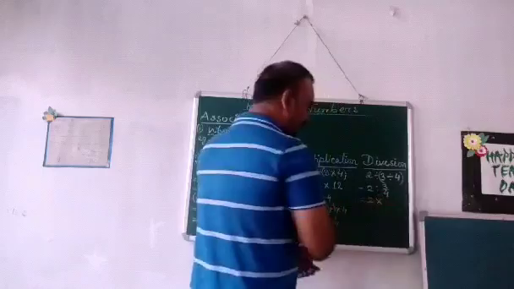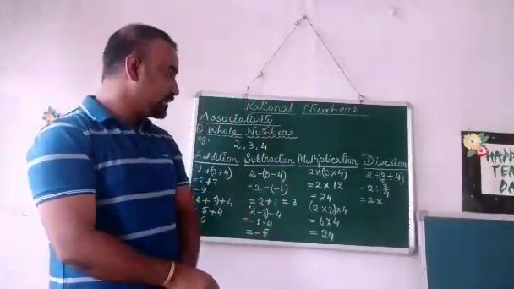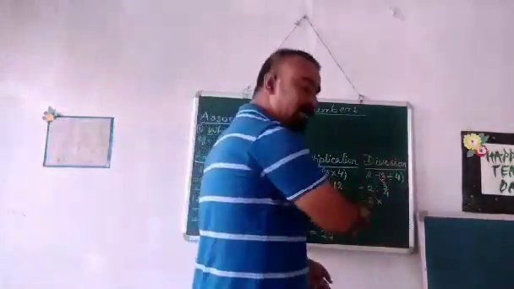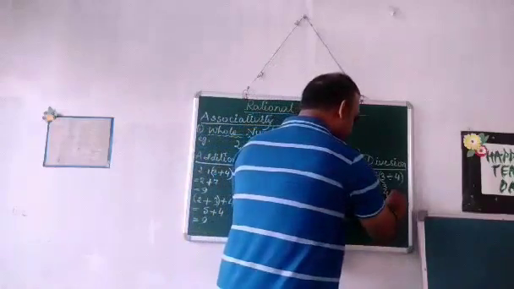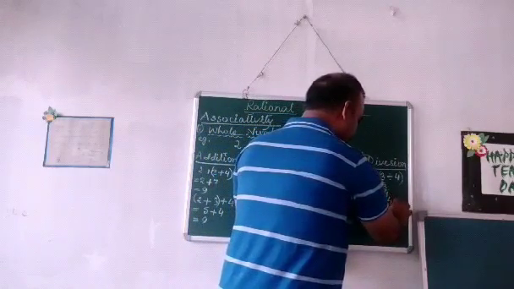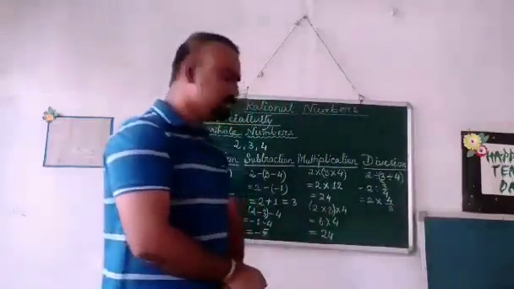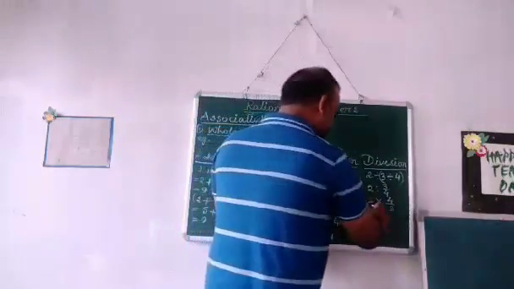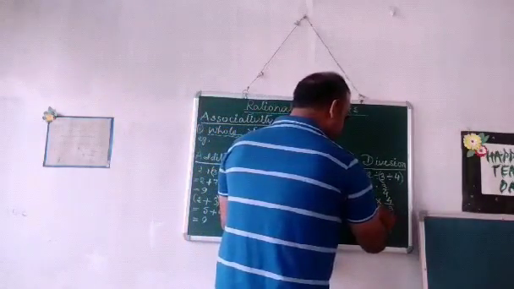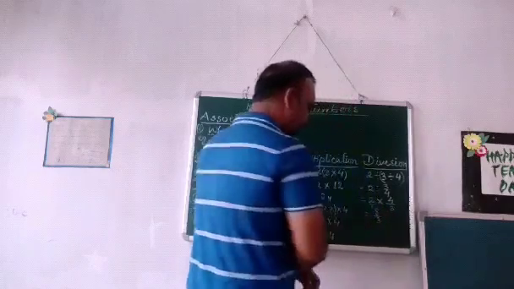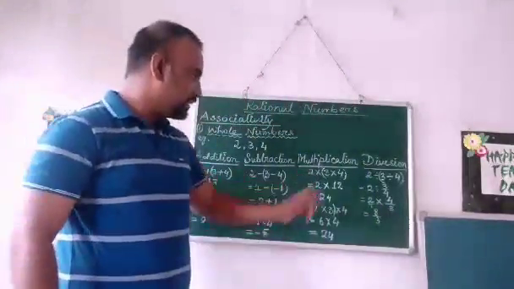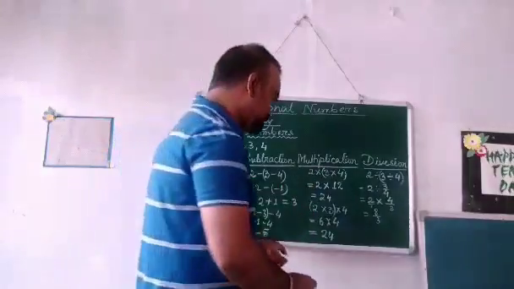So when divide gets multiplied, divide becomes multiplication, the number gets reciprocated. That means 4 will go at top, 3 will come at the bottom, and we multiply. 2 4s are 8 and 3 1s are 3. So the answer came is 8 by 3.